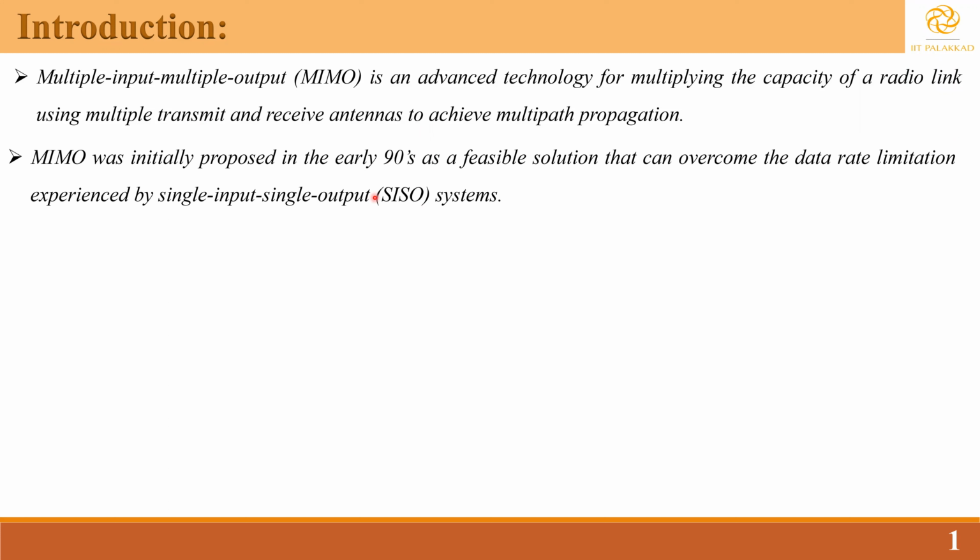Before that, we had something like SISO, that is single input, single output. This single input, single output system had a few disadvantages compared to MIMO in terms of bandwidth, data rate, latency, and the maximum number of users one can accommodate. So based on all such cases, we thought that MIMO would be much better than SISO.